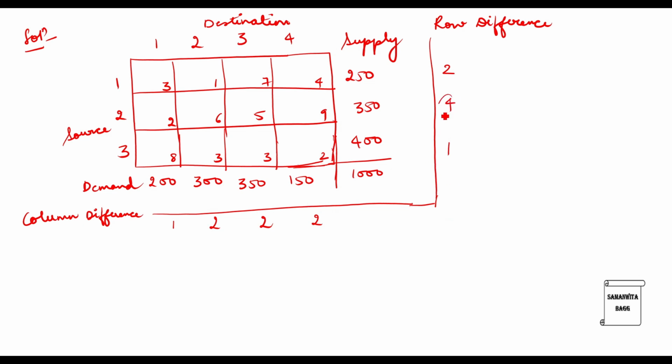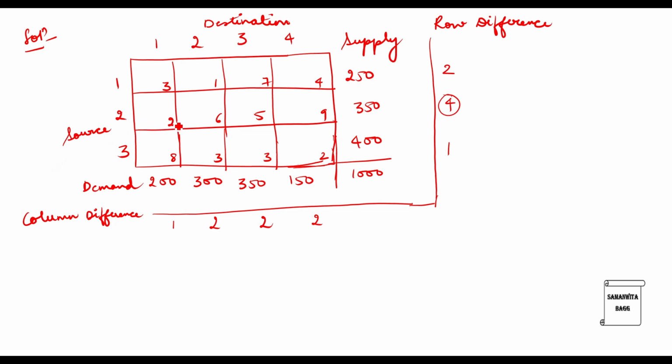So the highest value is here 4. Since it is lying in row difference, you will talk about its corresponding row. In this row, whatever is the minimum value, you will go for allocation first in that cell. Previously, we were choosing randomly some least number or some northwest corner cell. Here, this is the process for finding out which cell will get the first allocation.